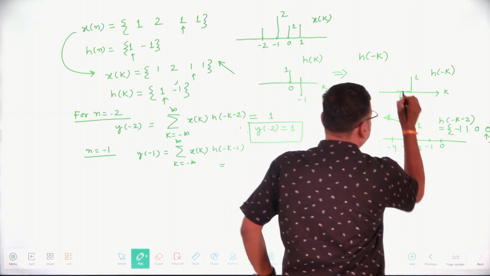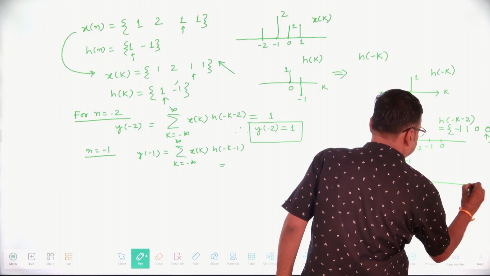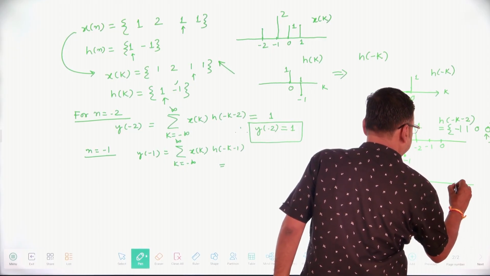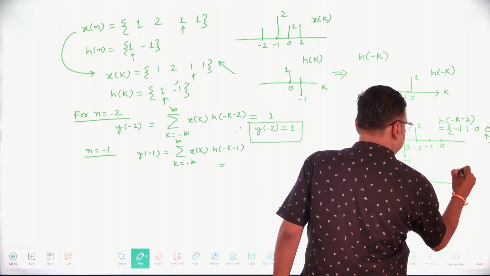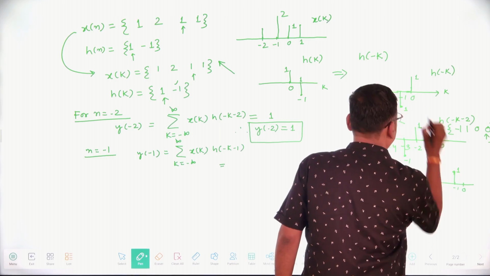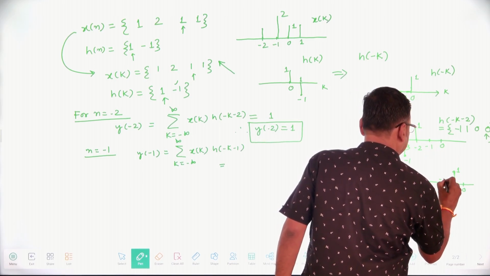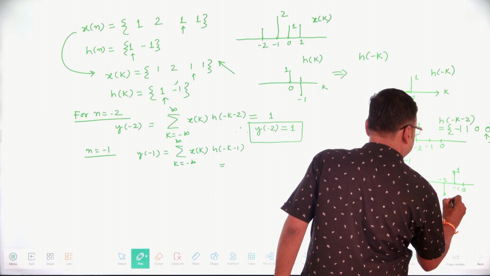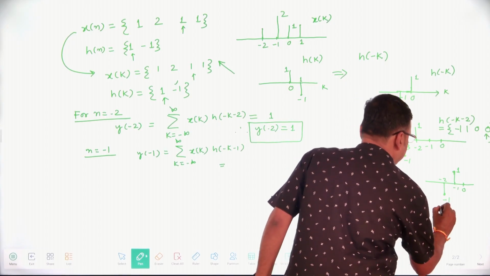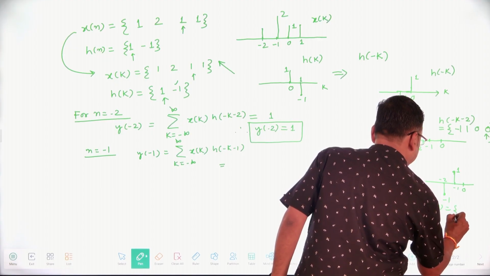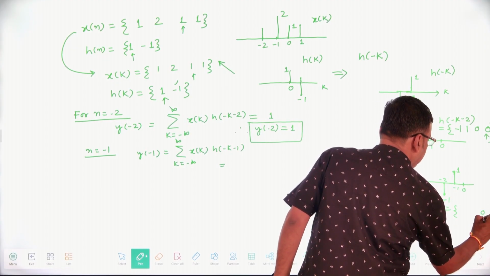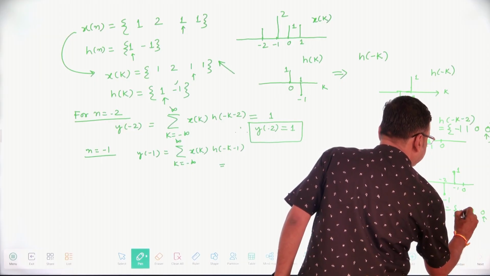Whatever is at 0 comes to minus 1 here, this is 0, then 1 here and minus 1 here. So h of minus k minus 1 in sequence representation is 0, 1, minus 1.